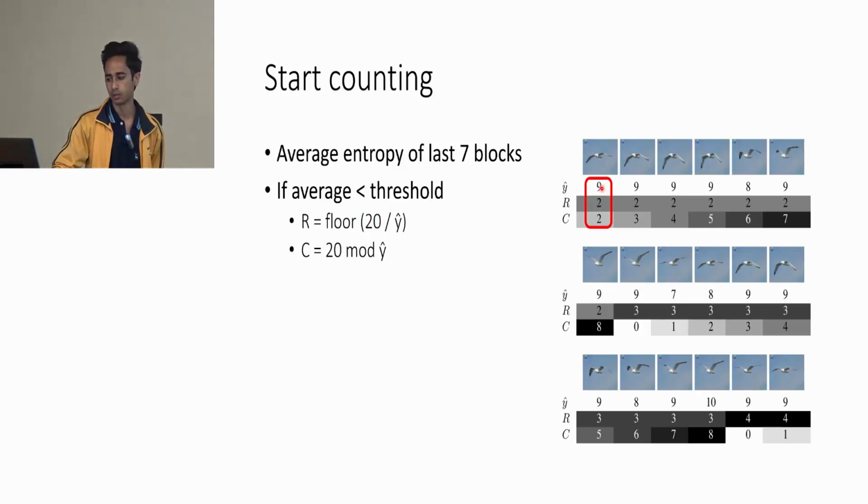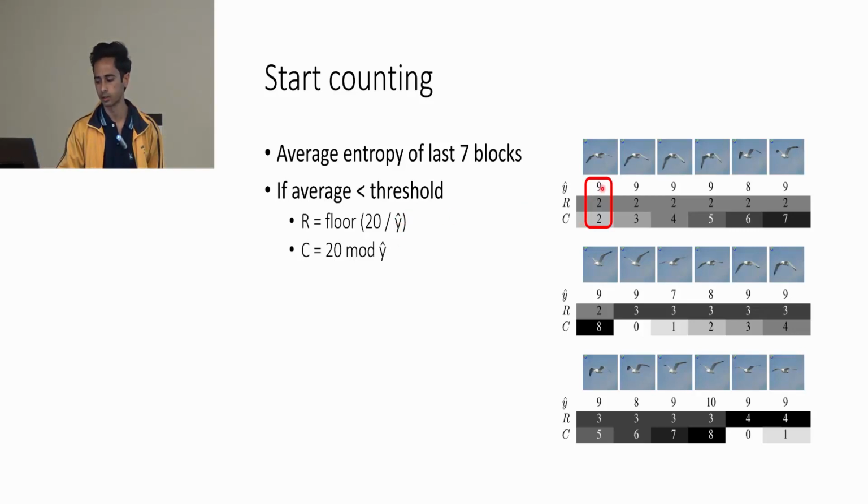Also, for each block, we notice that the predicted cycle length is consistent. It's 9, 8, 9, 8, 7, and 10. So if an action is repeating for a certain number of frames, then this prediction stays somewhat stable. Relying on that, they just take the floor of 20 by the current predicted cycle length.